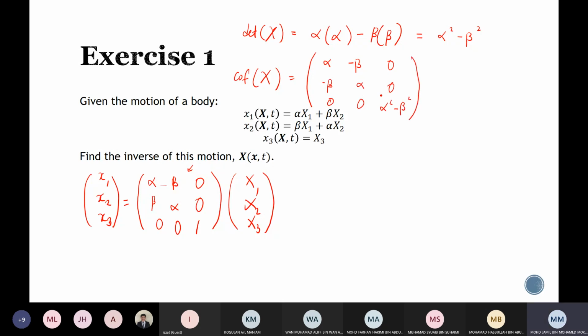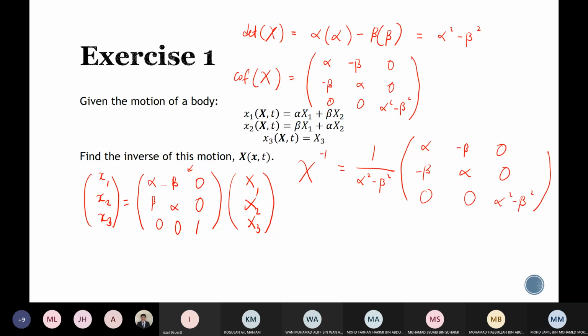Later you can check using Symbolab. Then the inverse of chi is one over the determinant times the cofactor. But difficult questions like this usually do not appear. Usually the question is straightforward, so think a little.